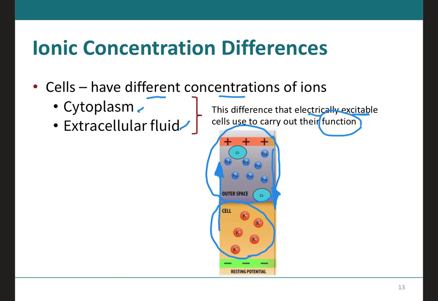And in addition to this high concentration of potassium in the cytoplasm, there's also a high concentration of negatively charged molecules such as proteins and other molecules that contain phosphate. So this makes the outside of the cell more positive and the inside of the cell more negative. That's why we say that inside of the cell there is a negative charge of around minus 70 millivolts.